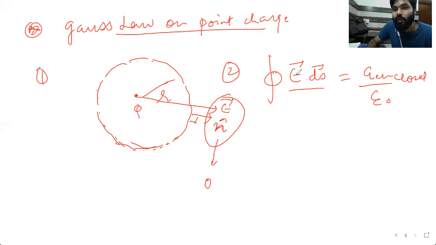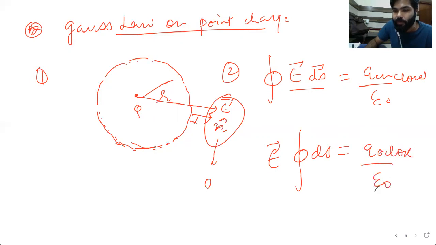So you can take E out of the integration, and write E outside the integration, and next Q enclosed over epsilon naught. Now the second step is done, and the third step is finding ds and Q enclosed.